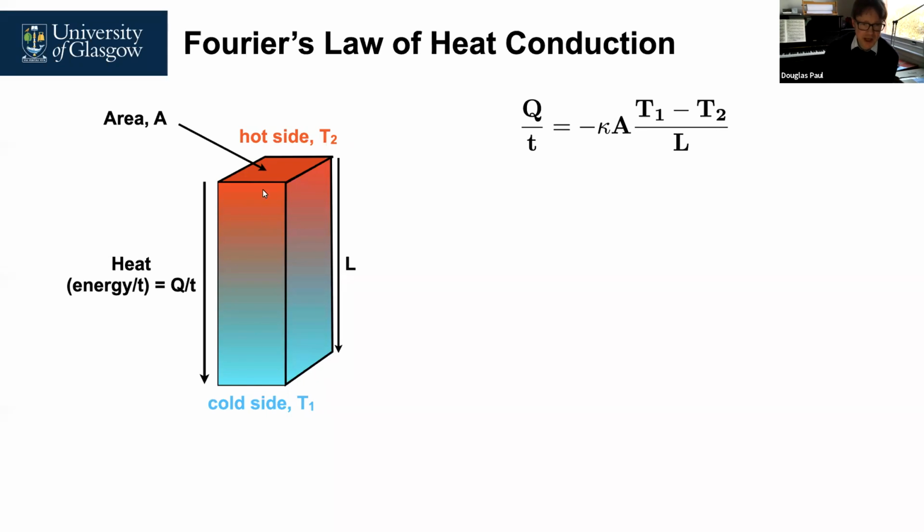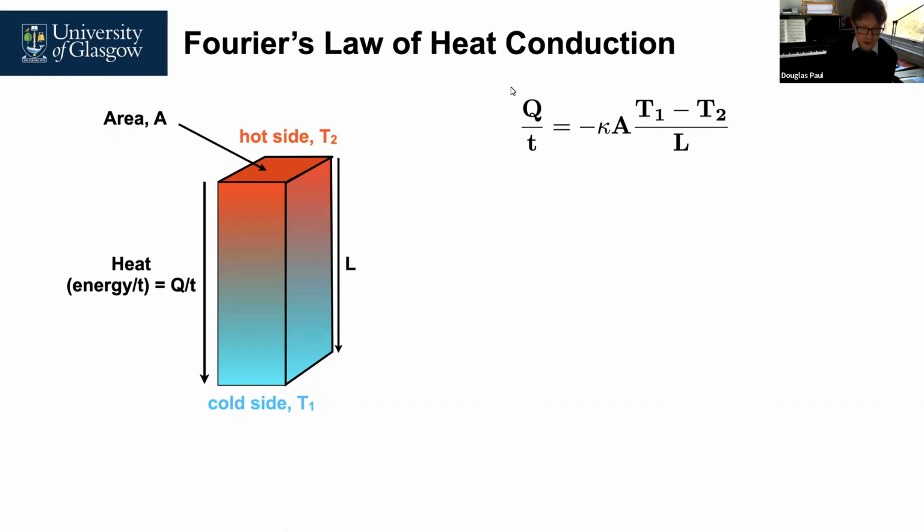We divide this by the length, and for a one-dimensional system, this basically is Fourier's law of heat conduction. So you'll sometimes see this equation rewritten without the negative sign at the start, but with T2 minus T1. Both are correct, but in fact, this is the one that when we also come to efficiency of thermoelectrics and energy harvesting systems will become quite important for the flow of energy having a negative at the start.